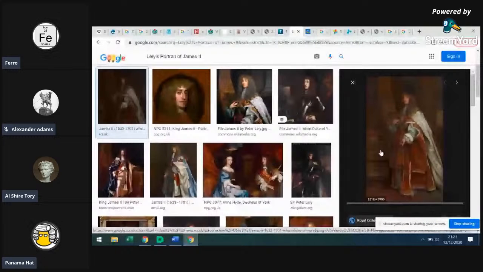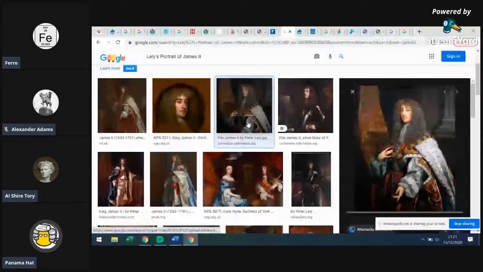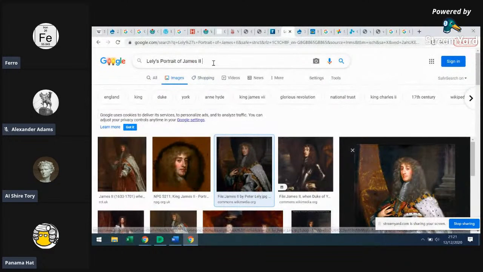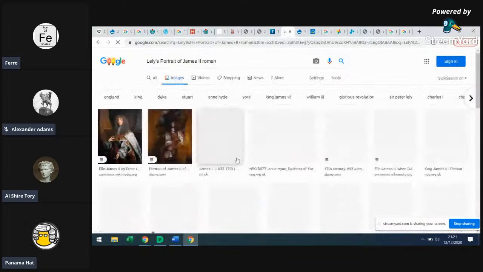Not this particular one, I don't think, unless I'm... No, mine was him in Roman garb, although it was painted by Lely. It should appear here unless I made a mistake.